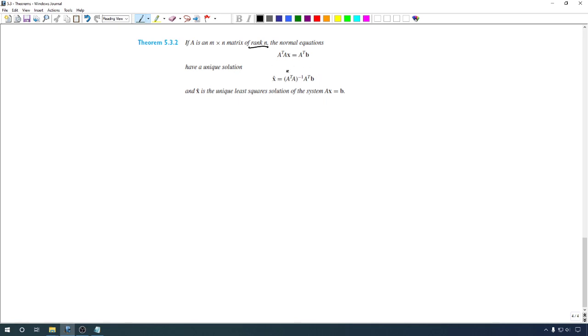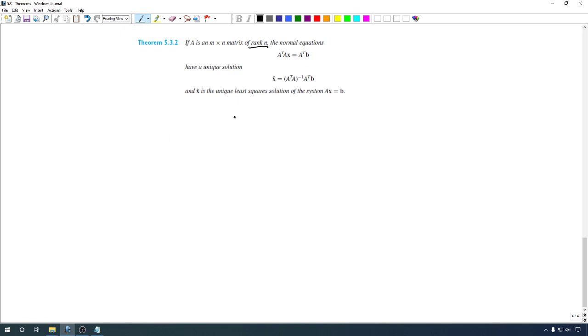They wrote it out here as x hat in terms of the inverse of A transpose A times A transpose b. Technically here they are saying that this matrix does have an inverse. That's not something we knew before, but something we'll show in a moment. And then we have a unique least squares solution to our original system.